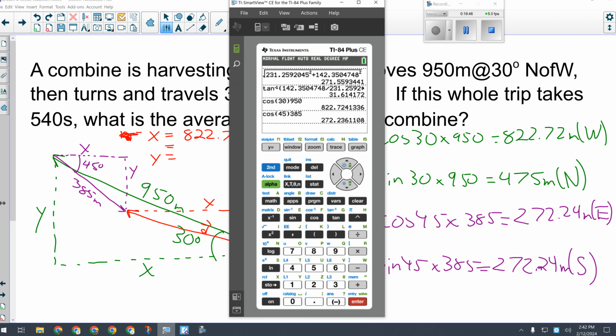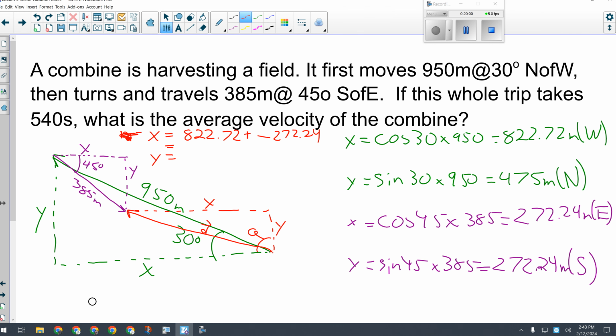So we'll have our 822 minus the 272. My overall east-west part of this is 550.49.